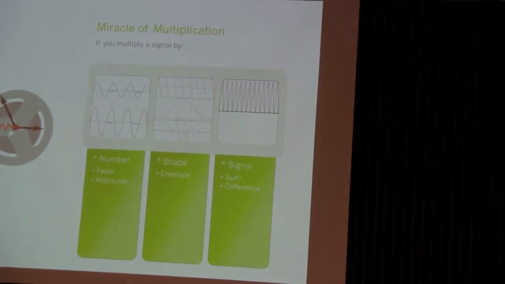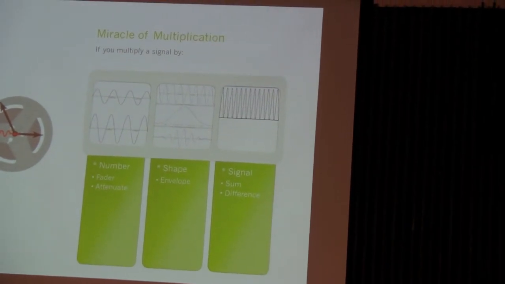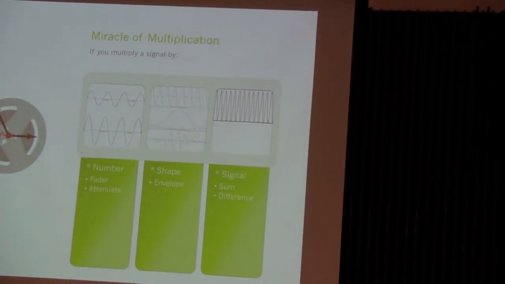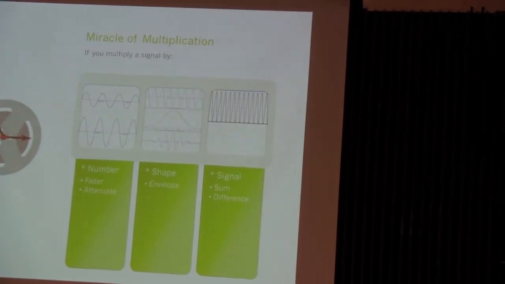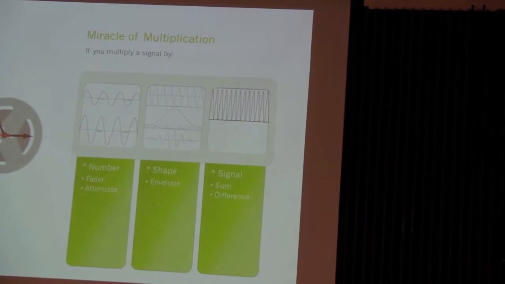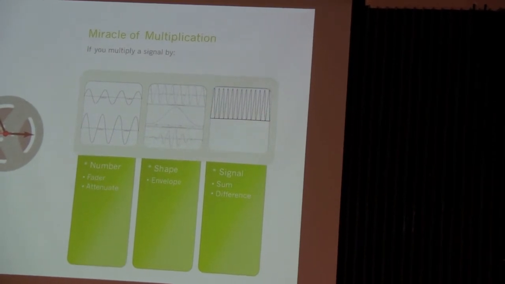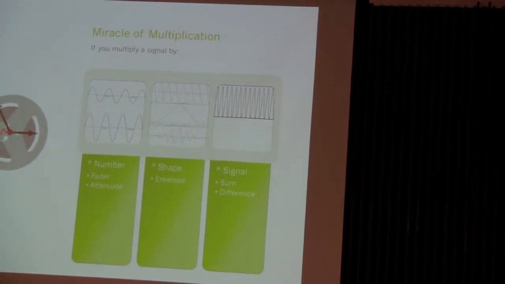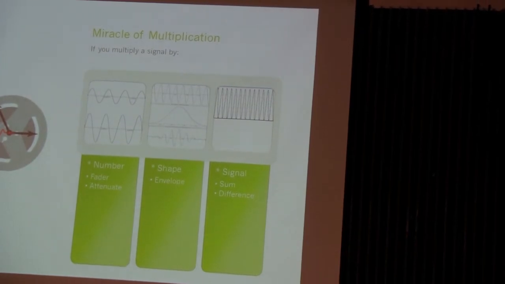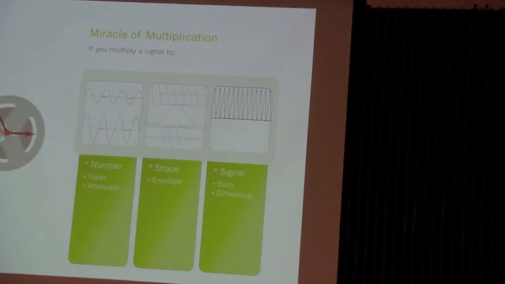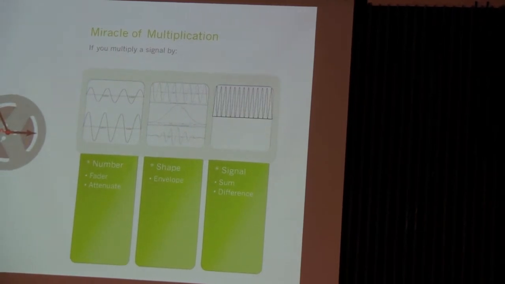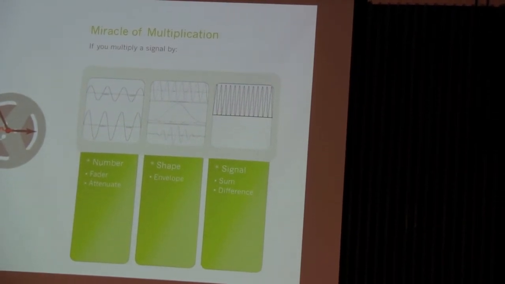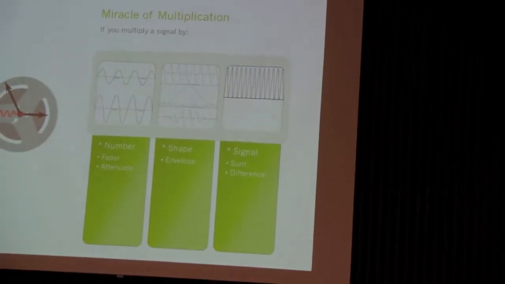If you want to impose an amplitude envelope on a shape, you just multiply your signal by that envelope. And if you want to create a more complex spectrum, take two signals and multiply them together, and you'll get all kinds of sum and difference frequencies. Pete Johnston is going to be talking more about that tomorrow.